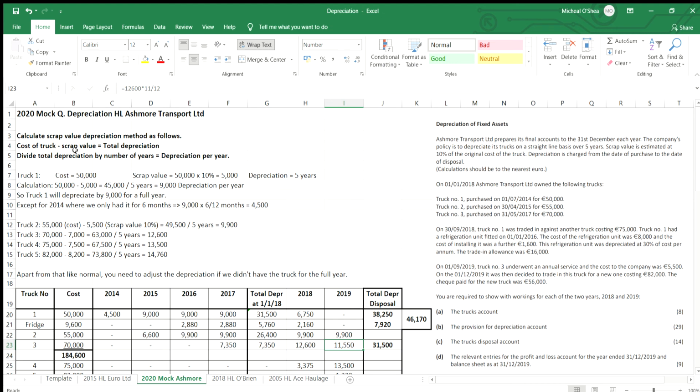So the cost minus the scrap value, which in this case is 10%, and you're left with the total depreciation over the course of 5 years. So total depreciation in that case would be 45 grand. I divide the total depreciation by the number of years, and it gives me the depreciation per year. Again, that's shown here. Once you've done that once, it's the same for every single one. And the only other difference is if you have to count up the months for 1 year, you multiply the months that you had it for in that year and divide it by 12.